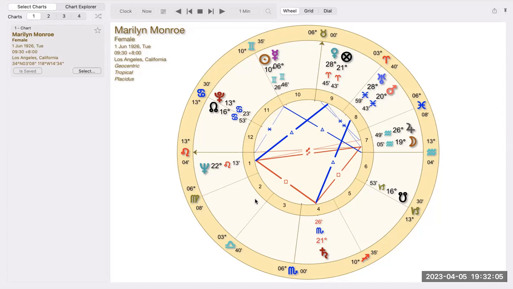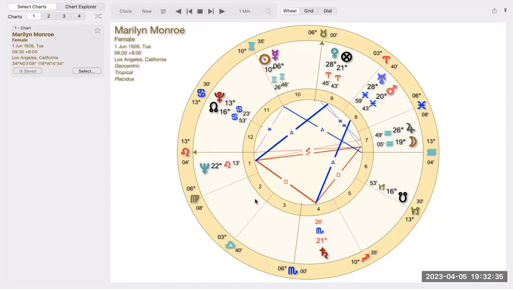However, that said, all of the aspects that she's making are actually helpful aspects. That would make sense, because she was the epitome of beauty, and that's Venus basically. It's love and beauty, which is what she portrayed as iconic beauty.